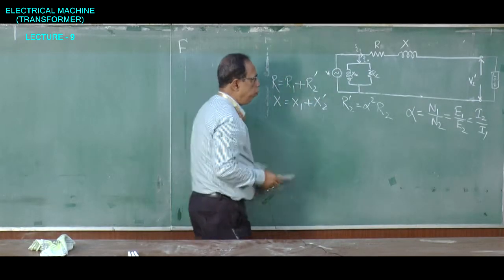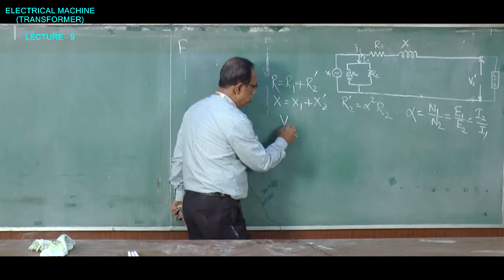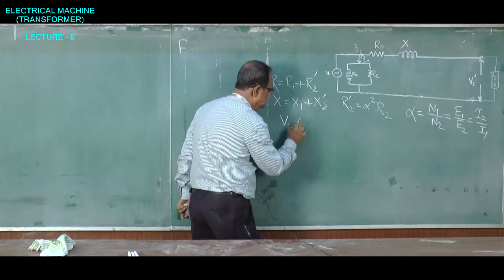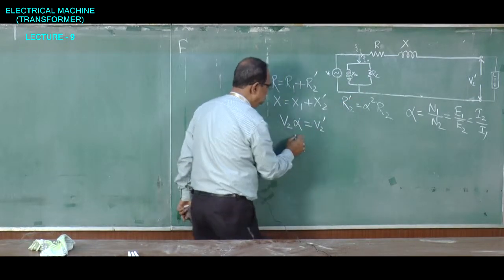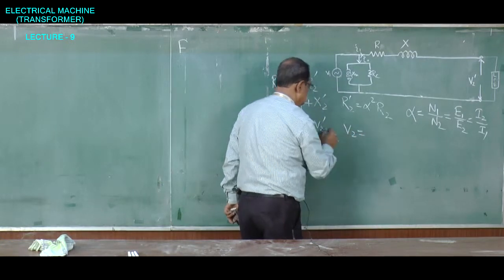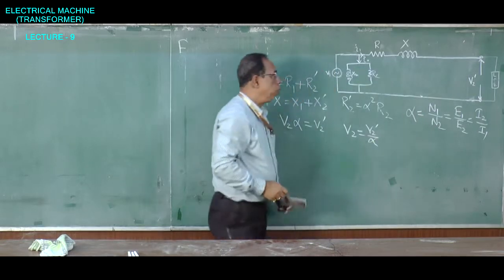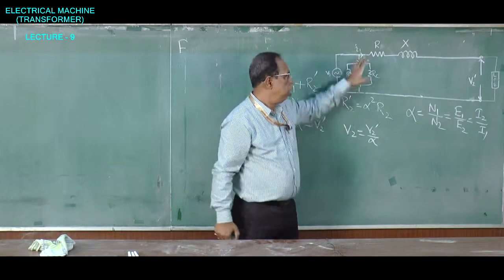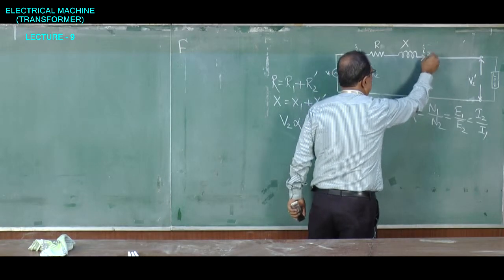Now, we know V2 into alpha is actually V2 dash. So, from here I can find that V2, which is the actual voltage, will be equal to V2 dash by alpha. From this circuit, it is very clear that this voltage is V1 here, and the current is I1, or I can say I2 dash.